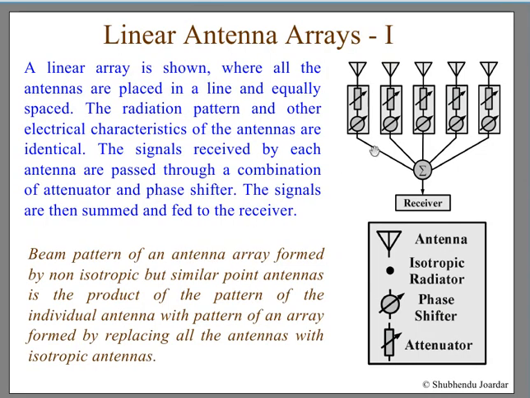Now, if you want to see what a linear antenna array is, these are the symbols I have shown here. This is an antenna, and you have an attenuator here, and a phase changer. That means you can put a delay here, and you can attenuate the signal. Then the outputs from these different antennas are added here and go to the receiver. Here you have several such antennas placed along a line.